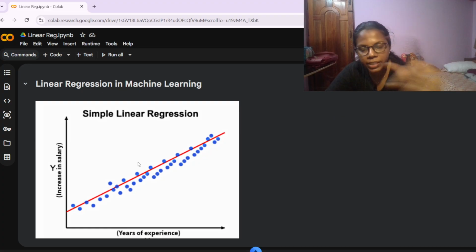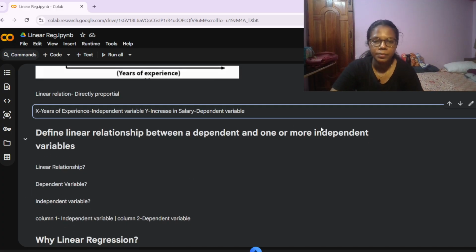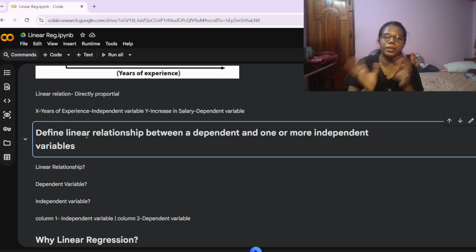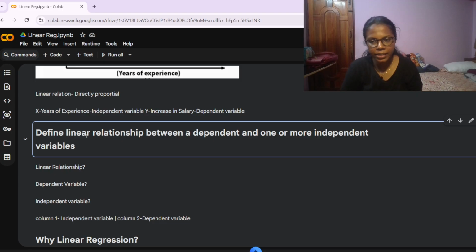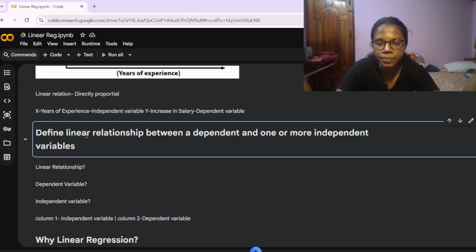It is also about their skill set, their number of certifications. So if a particular dependent variable has a linear relationship to one or more independent variables, it is called a linear relationship, and in algorithms it is called linear regression.